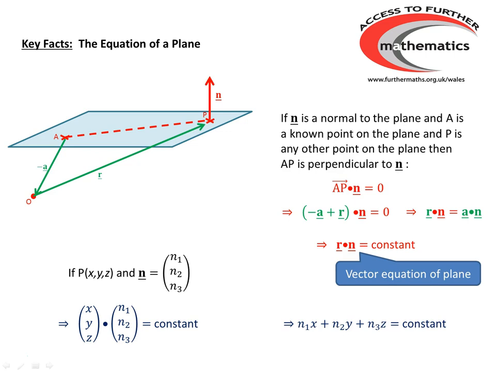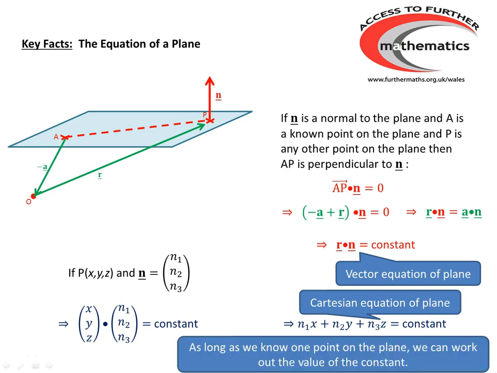In other words, n1x plus n2y plus n3z must equal a constant. And this is the Cartesian equation of a plane. As long as we know one point on the plane and the normal of the plane, then we can work out the value of that constant.